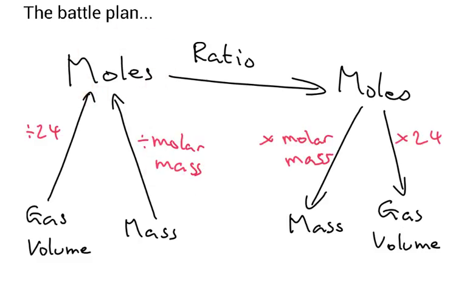Then we'll look at the chemical formula and deal with the ratio. Then we're going to find out how many moles we're looking at. Then if they want a mass, we'll times by the molar mass, and if they want a gas volume, then we'll times by 24 to convert it back into a volume.